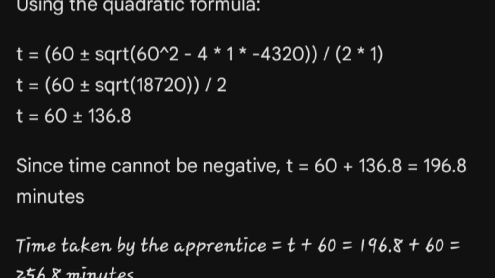T equals 60 plus or minus 136.8. Since time cannot be negative, t equals 60 plus 136.8 equals 196.8 minutes. Time taken by the apprentice equals t plus 60 equals 196.8 plus 60 equals 256.8 minutes.